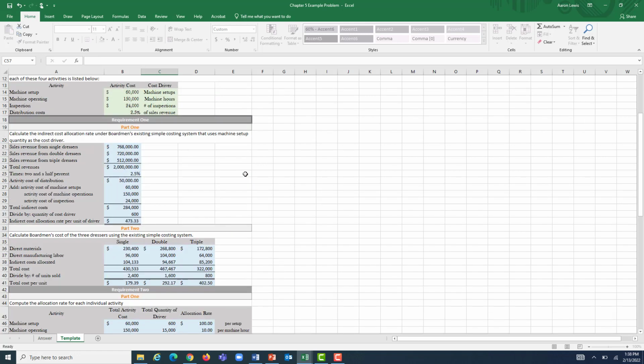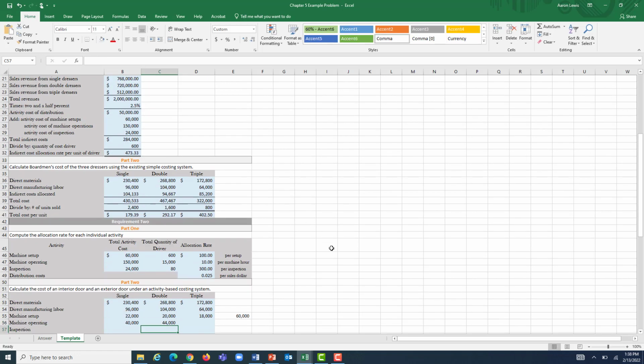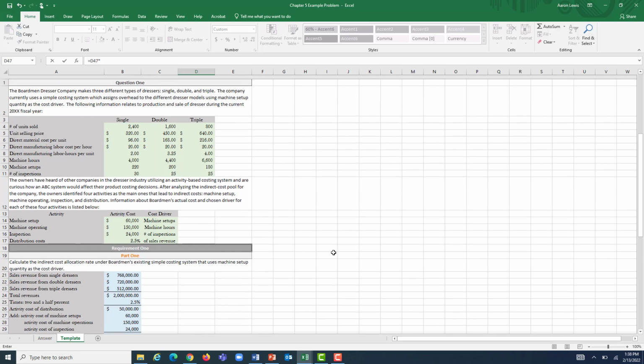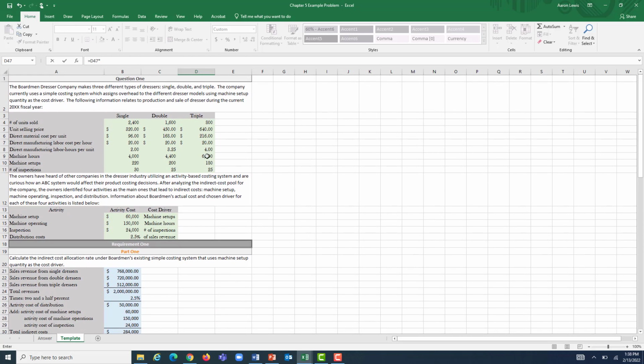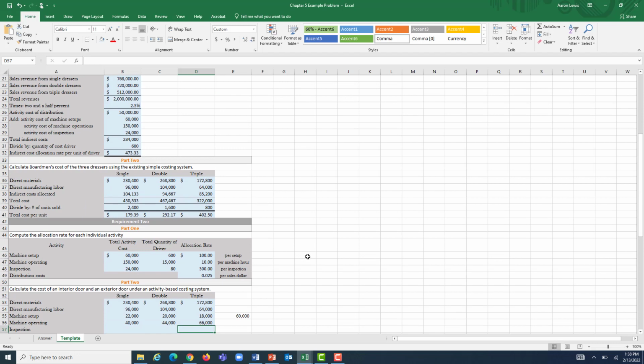We're going to come up with $44,000 of indirect costs that should be allocated to the double dresser product line because of the costs that we incur for machine operations, electricity, depreciation, etc. For the triple dresser, at a rate of $10 per machine hour and an expected quantity of 6,600 machine hours necessary to produce those triple dressers, we're going to have $66,000 of indirect costs, which should be allocated to that model.